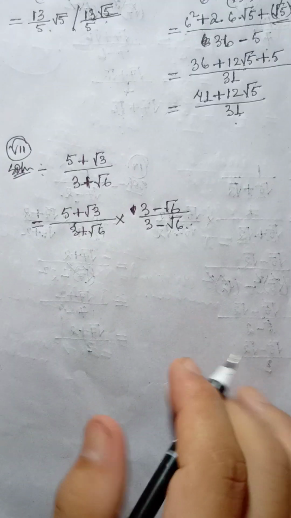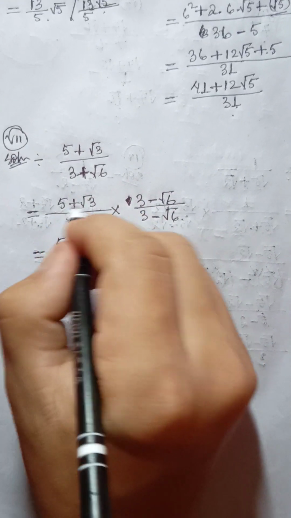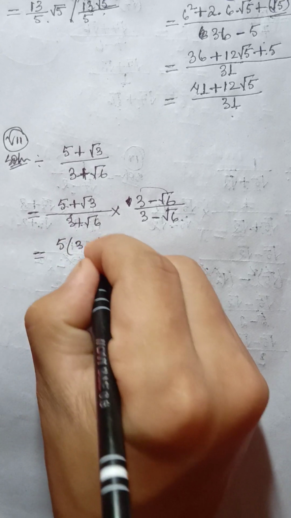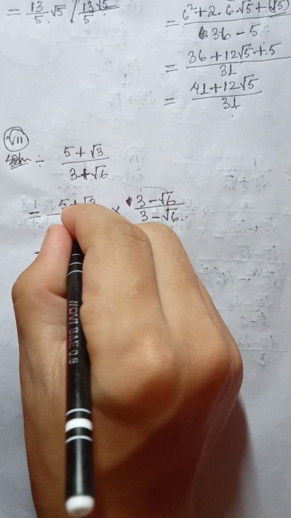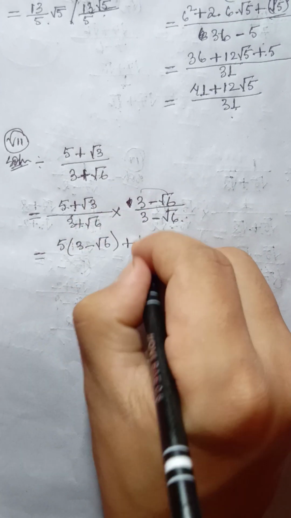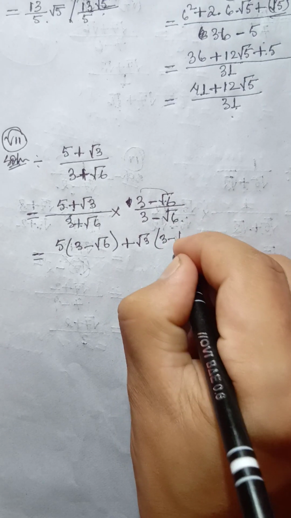Okay, then if you multiply these two, then 5, you have to multiply this 5 with this. Okay, that is 3 minus root 6. Here we have plus, you'll write here. Okay, here it is root 3, let us write root 3. Here it is 3 minus root 6.